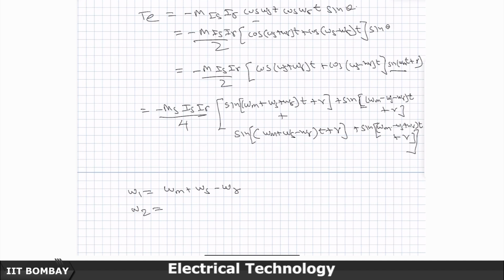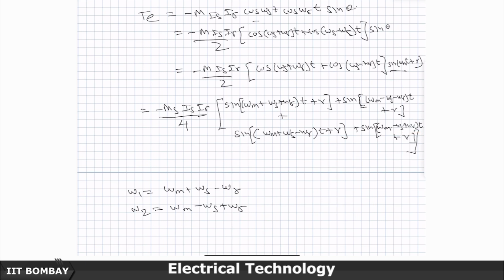I am writing omega_1, omega_2, omega_3, omega_4 like that, omega_m minus omega_s plus omega_r. So, this is basically this term, minus omega_s plus omega_r, and where is this term sitting here? This fourth one, omega_m minus omega_s plus omega_r. So, this term I have called omega_2.